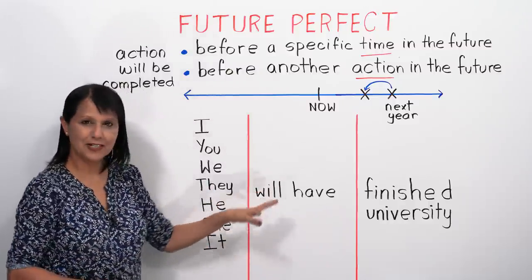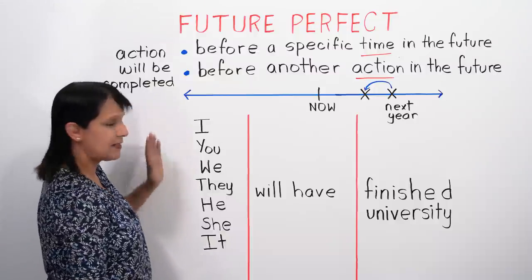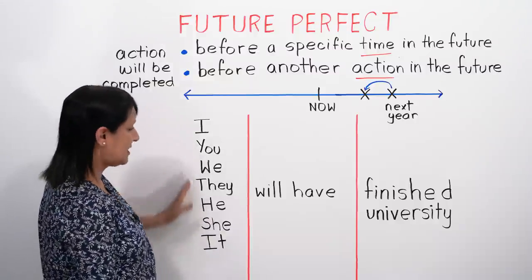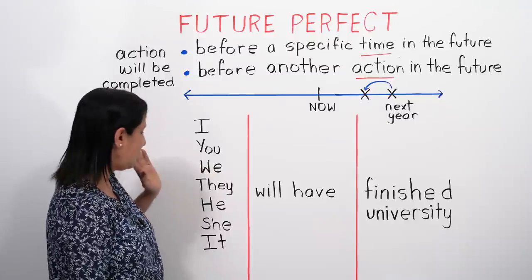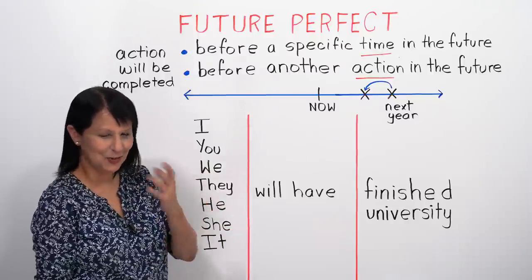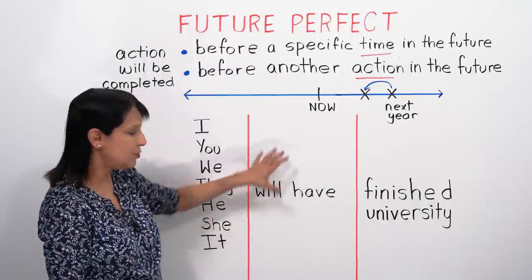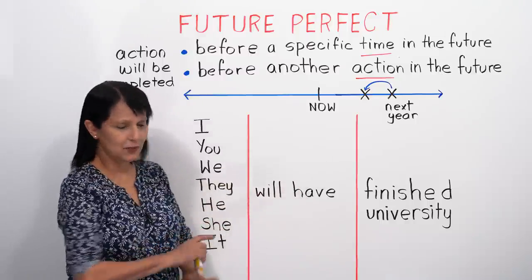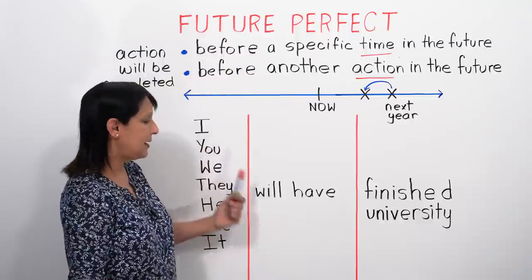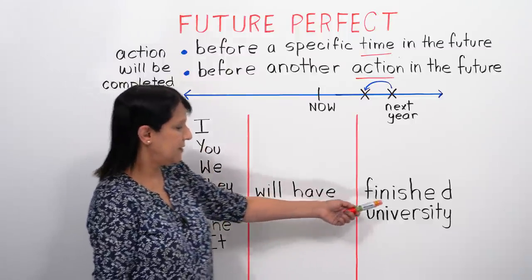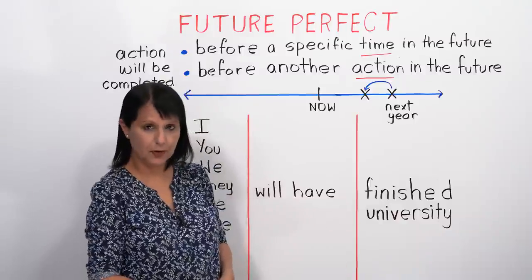Let's just look very quickly at the structure. So that's really easy. You just take the subject, I, you, we, they, he, she, it, which you know very well. You add these two words for every subject. You don't have to change anything. Just say, for example, I will have, and then we take the verb, a regular verb.